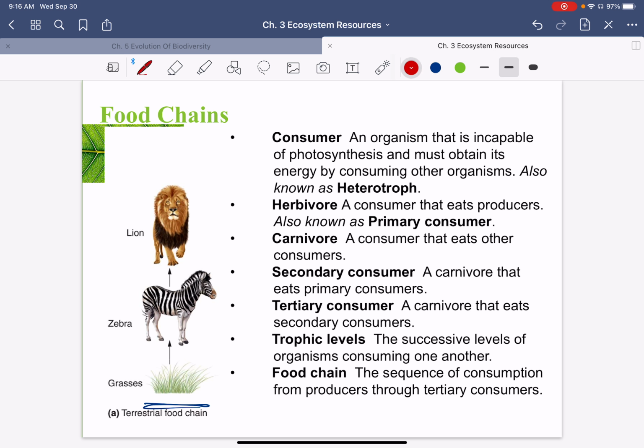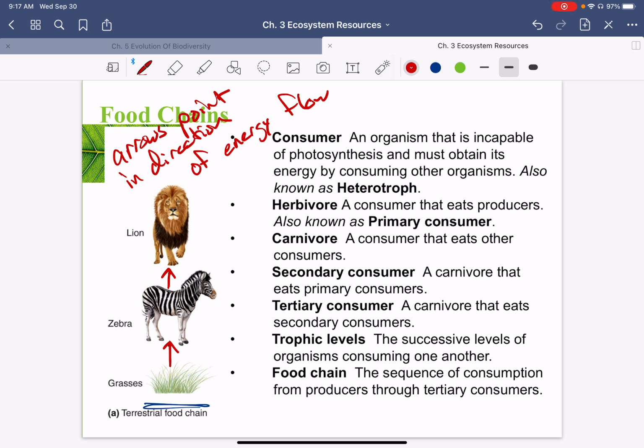Now there's something I want to point out here, and that's the direction that these arrows are pointing. Arrows point in the direction of energy flow. So the arrows always show where the energy is going. That's going to be important when we talk about food webs in a minute. So the energy goes from the grass to the zebra, and from the zebra to the lion.